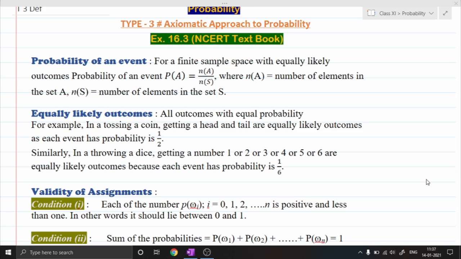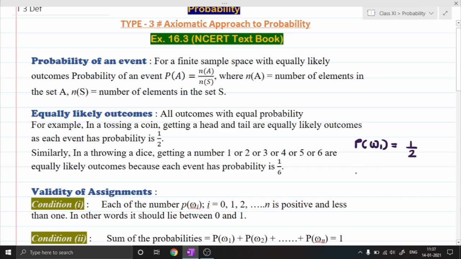Either head will come or tail may come, right? Suppose I ask you the value of coming head or coming tail. Suppose getting head I show by the symbol P omega 1, and its value will be equal to 1 by 2.